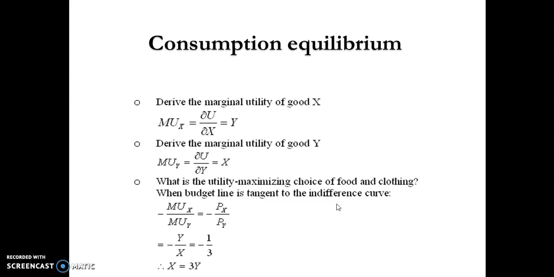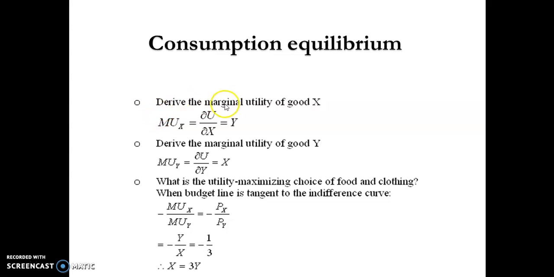Next, your marginal rate of substitution is the ratio of your marginal utilities. So that is the negative ratio of your marginal utility of X over the marginal utility of good Y. Now you need to perform partial differential calculus to solve for each first order partial derivative.